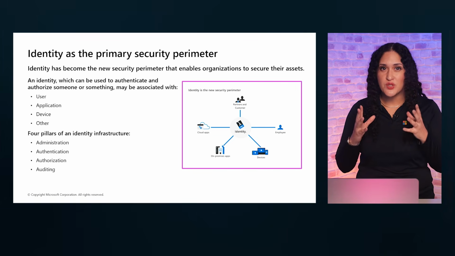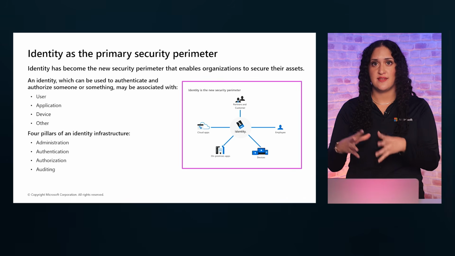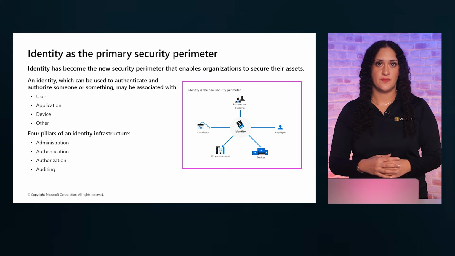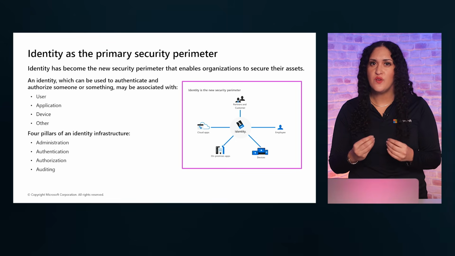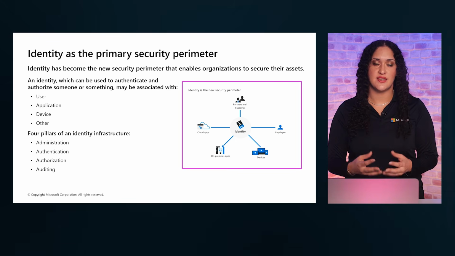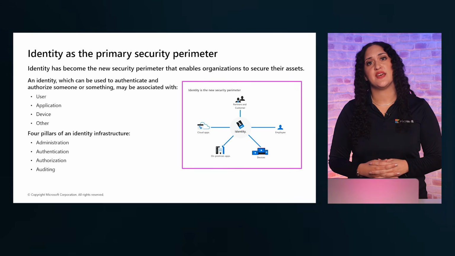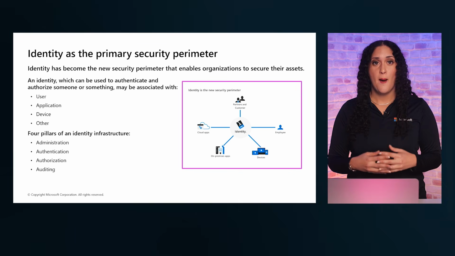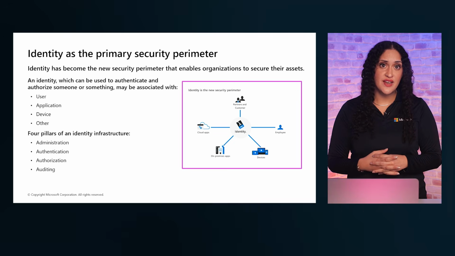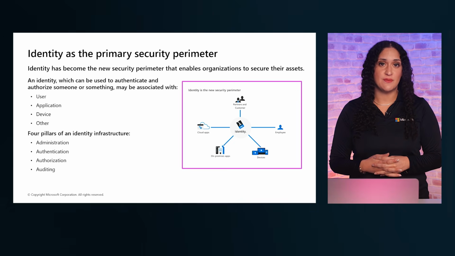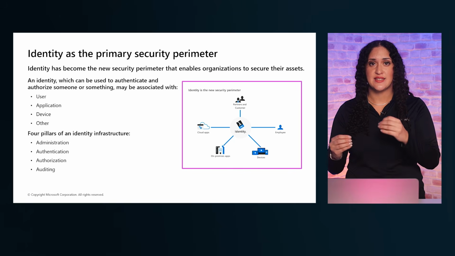An identity can represent a user, a device, an application, or even a service. And each identity must be verified and controlled before access is granted. This shift reflects how organizations secure cloud apps, partner access, personal devices, and on-premises systems through a single, consistent identity layer.